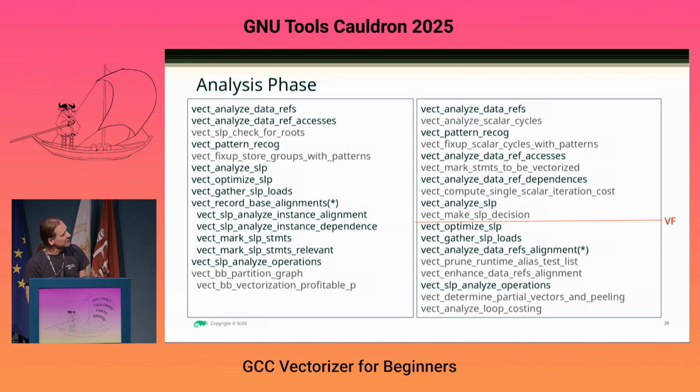On the loop side, before we go to the SLP discovery, we are marking statements to be vectorized, which is basically classifying each statement in the loop on whether it is maybe an unused statement, or a statement that's not really important to vectorize, like an induction variable increment, or an induction variable that's only used in a data access.